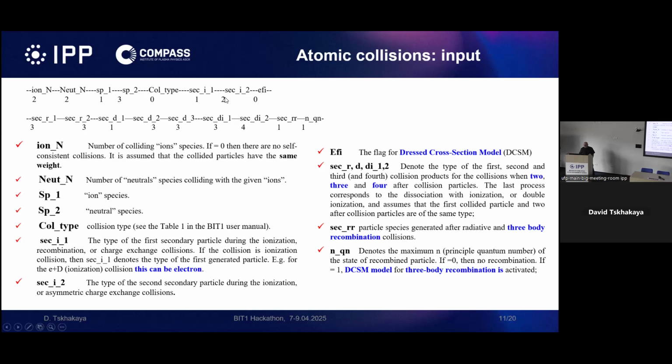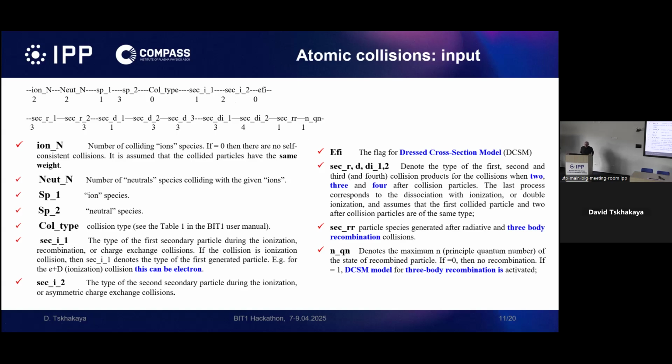I means ionization. So if you have an ionization event, these are the ionization of first and second particles, because it's general. They don't necessarily have to be electrons, can be any other particles. For instance, if a deuterium atom collides with an electron, first should be the electron, second will be the deuterium ion.